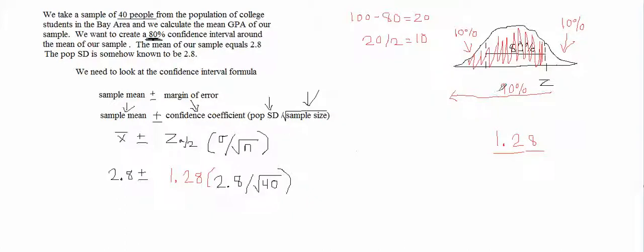What you do now is, since it's 90% total to the left, take the 90%, change it to a decimal, and then go to the table like I showed you, and then get the z-score, and that becomes the confidence coefficient. So if I take the 0.90 to the table gives me this, the 1.28.